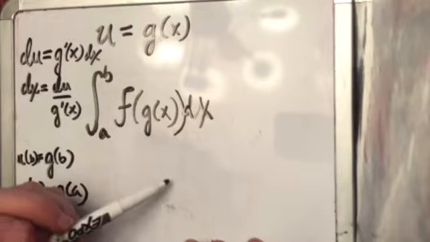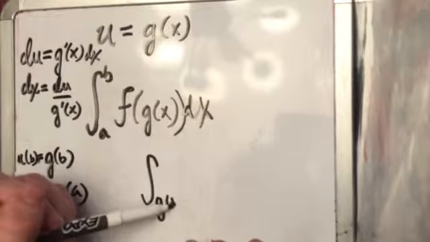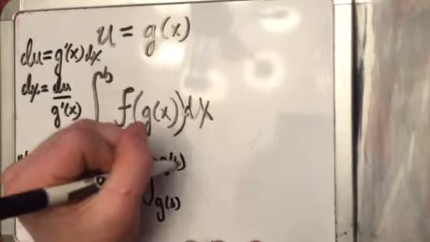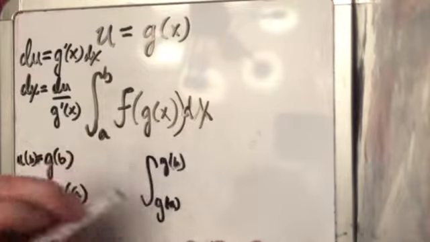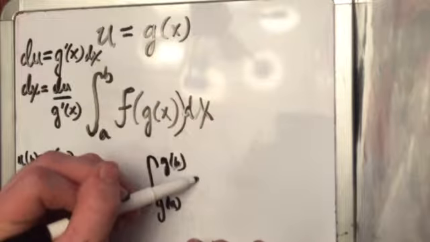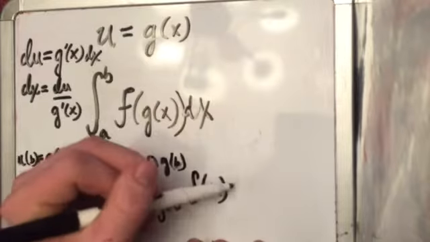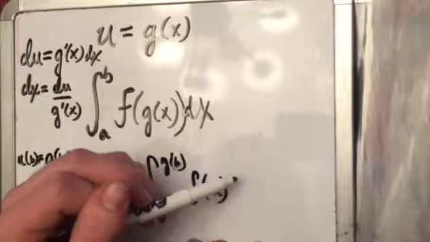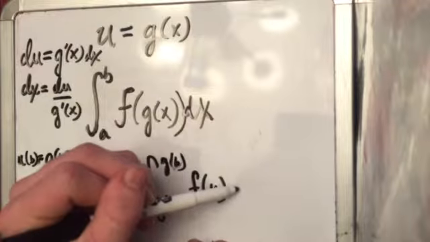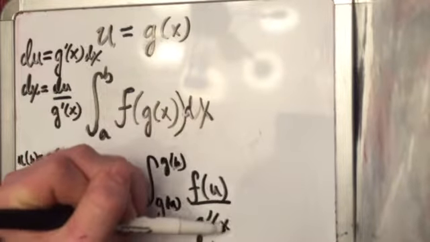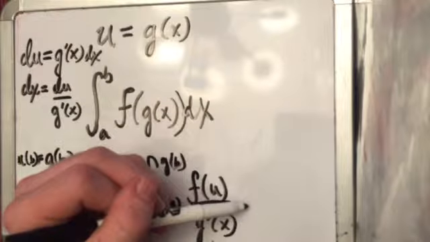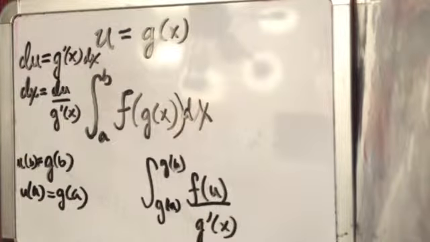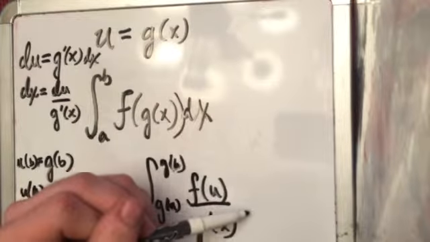So now we're going to rewrite the integral in terms of u: the integral from g of a to g of b of f of u over g prime of x du.